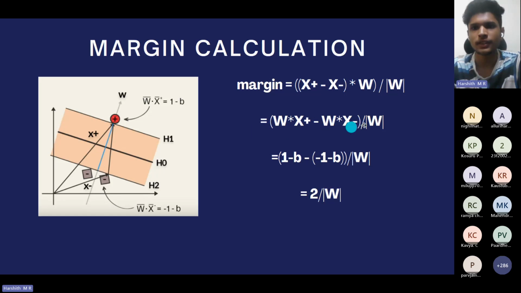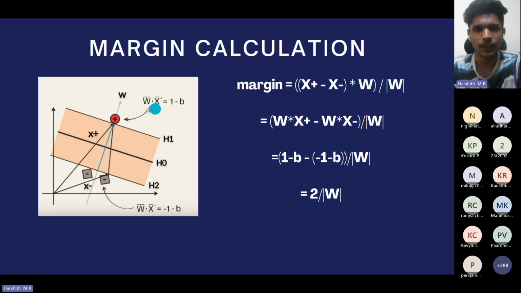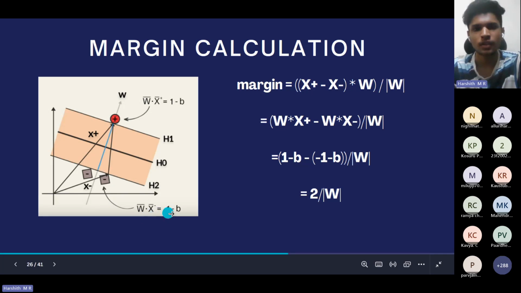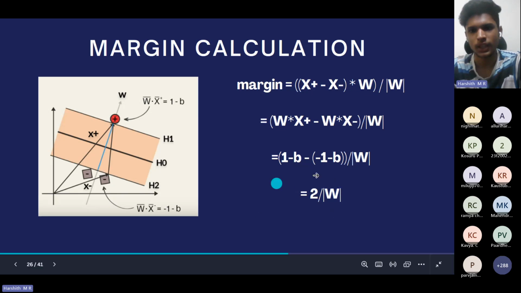When you simplify this, W times X plus is nothing but 1 minus B, because any point on H1 would satisfy this equation. So here, in place of X, we'll substitute X plus, and in turn, we'll get W dot X plus as 1 minus B. Similarly, for the X minus case, you would get minus 1 minus B. When you substitute those values, you'll get the margin value as 2 by magnitude of W. So this would be our margin.